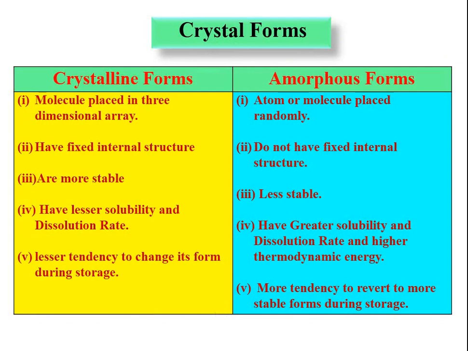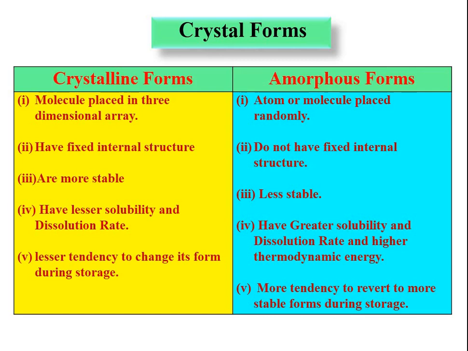Now crystal form. Depending on its internal structure as well as its morphological nature, your crystal form may be of two types. The first one is the crystalline form, and the other one is the amorphous form. Crystalline form means when your crystal has a three-dimensional array structure and a fixed internal structure.